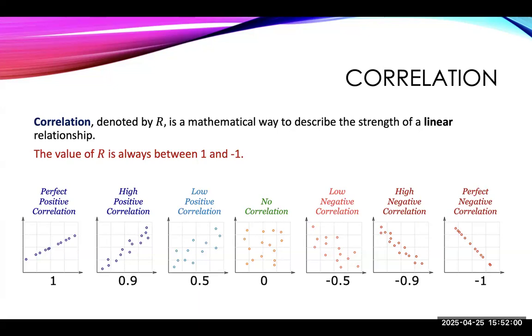Now, if R is equal to 0.9, that means the dots are pretty close together. They're tightly bound together, but they're not exactly on a line. And then 0.5, you can see things are spreading out a little bit, but it does have a linear look to it. And so the closer you get to 0, the more spread out things are. And the closer you get to 1, the more things line up on a line.